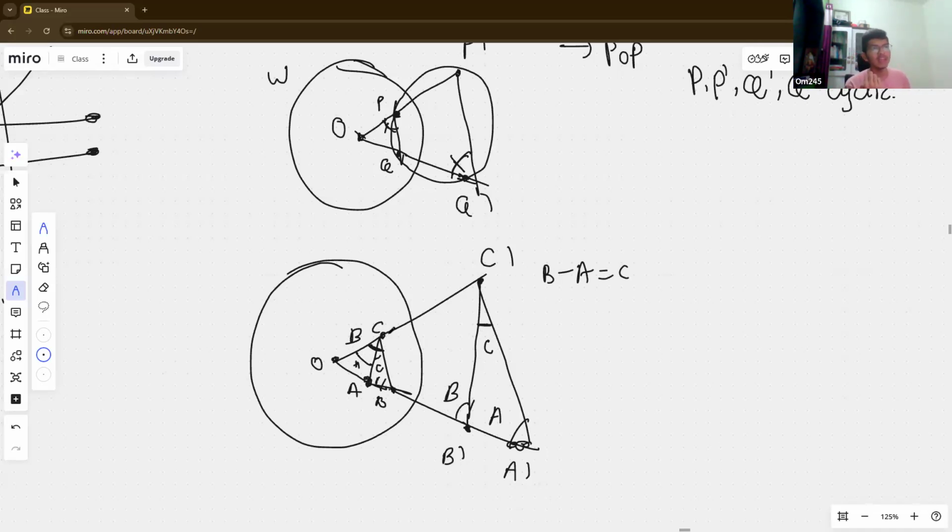This is sometimes very useful, because after you invert, it's a bit hard to track the angle change, but you have to get used to it.